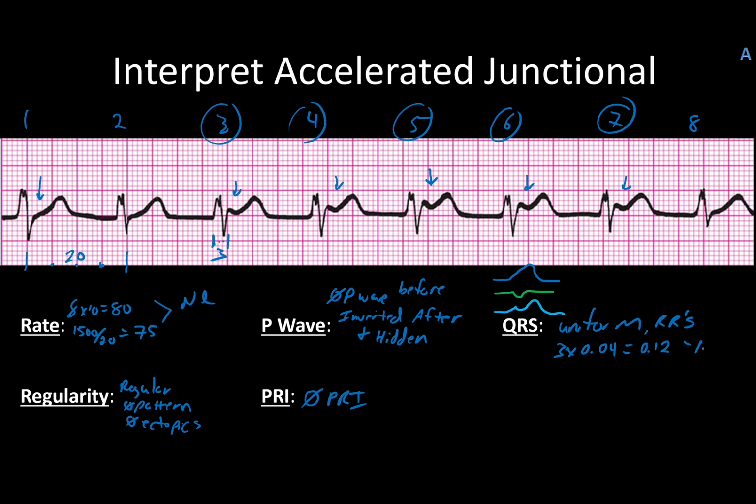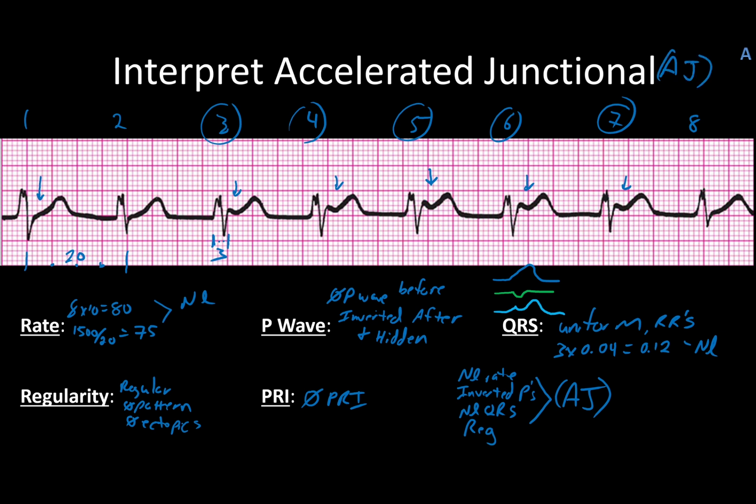And so that is normal as well. So that leaves us with, we have a normal rate, inverted P's, and I have normal QRS. Oh, and we're regular, I forgot to mention that. That is accelerated junctional.